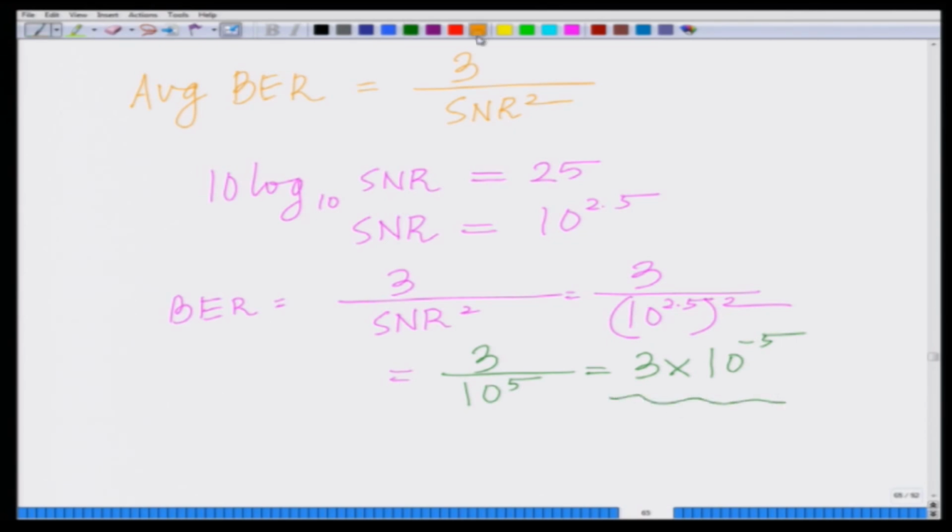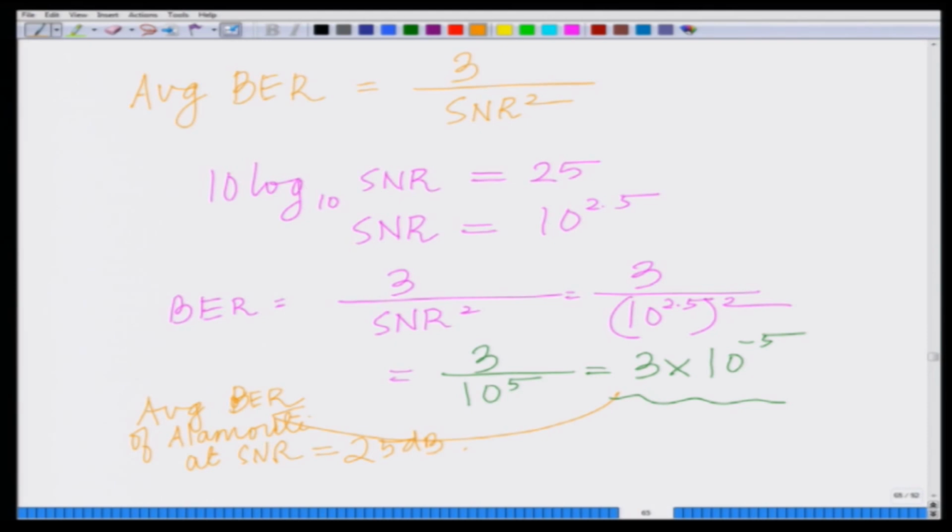So, this is the average bit error rate of Alamouti at SNR equals 25 dB.